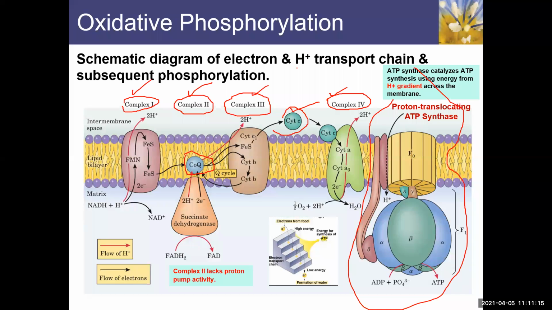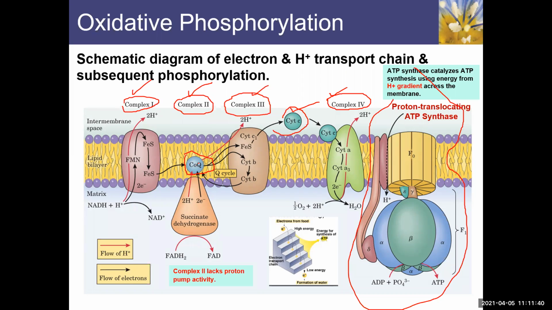Okay, now let's start discussing the complexes. Now we know the function of these complexes. As I told you, they are the respiratory enzymes, and COQ and cytochrome C are simply the mobile carriers of the electron transport chain. You will also see that COQ will be used as an oxidizing agent.